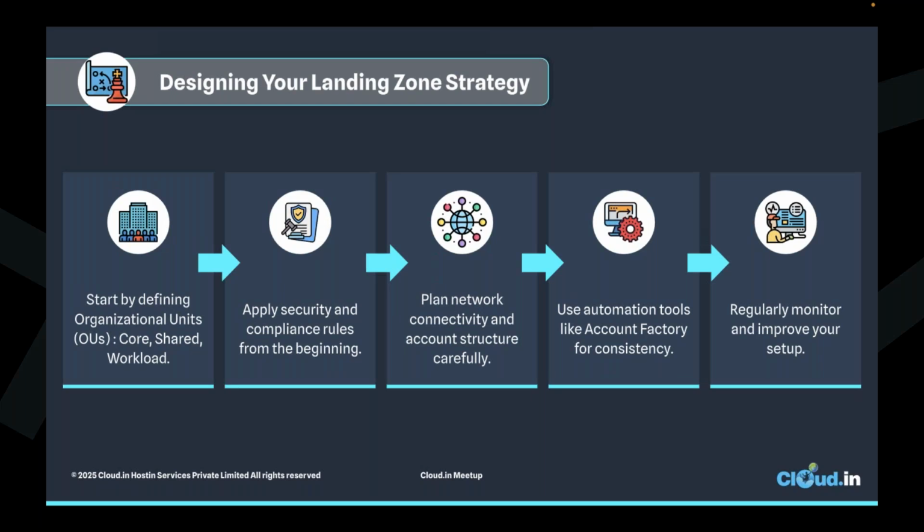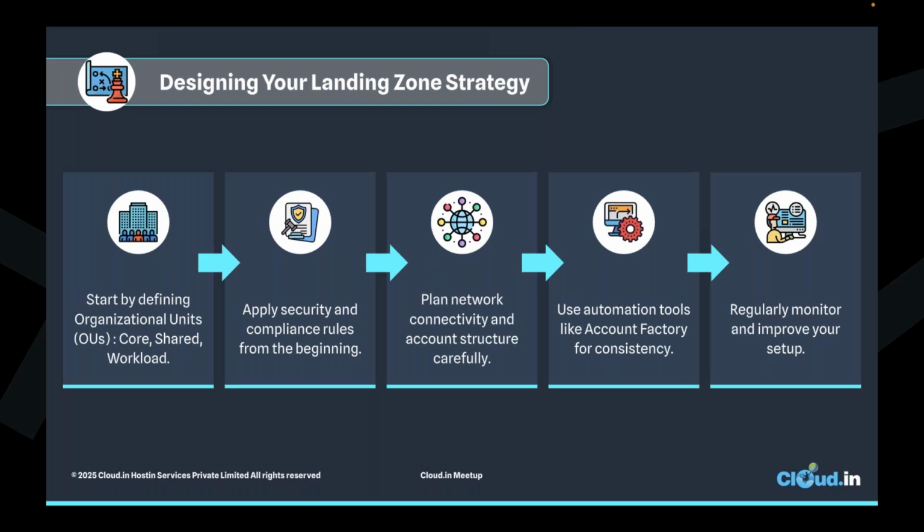This will help you avoid network conflicts and ensure that applications can securely communicate with each other while staying isolated whenever needed. So use automation tools and account factory for consistency.